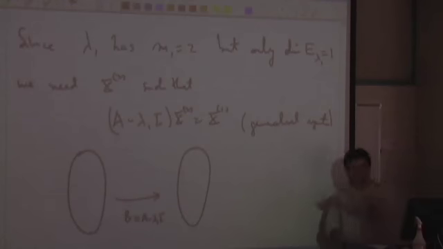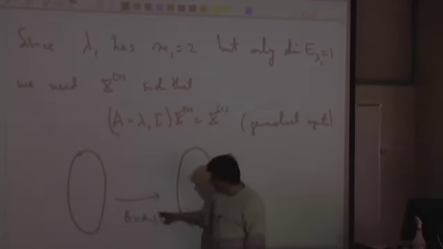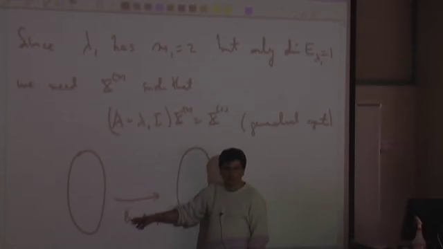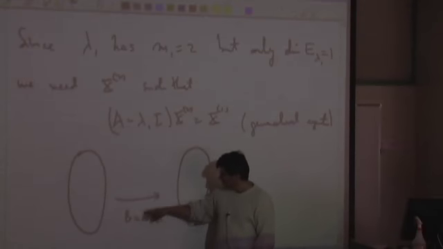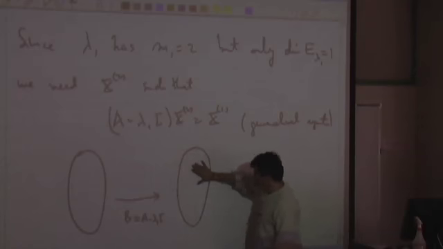Okay, so that's that map. And now I'm saying, well, what's the kernel of this map first? Well, the kernel is simply the set of eigenvectors, so it is the eigenspace. Okay? So what's the range?